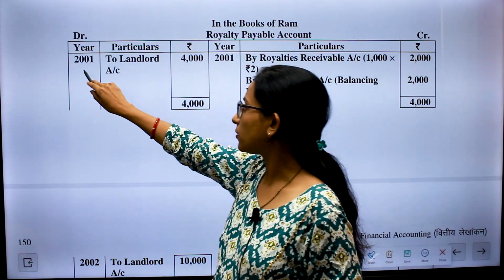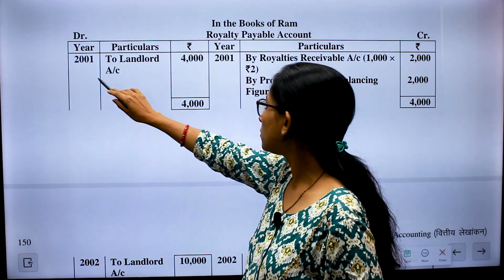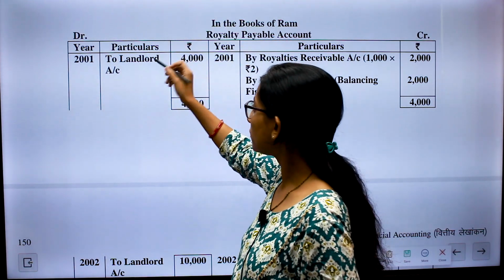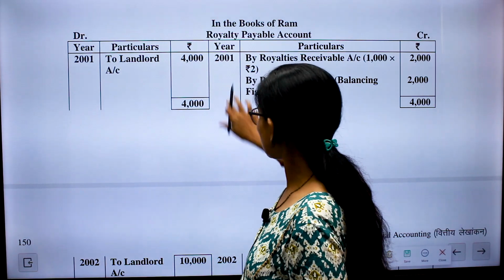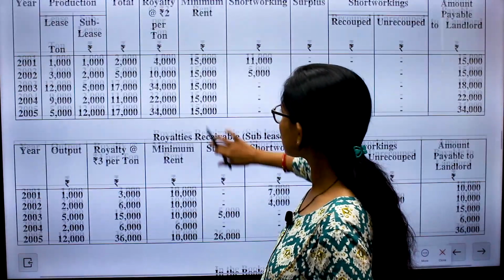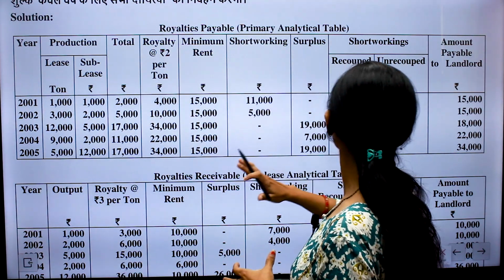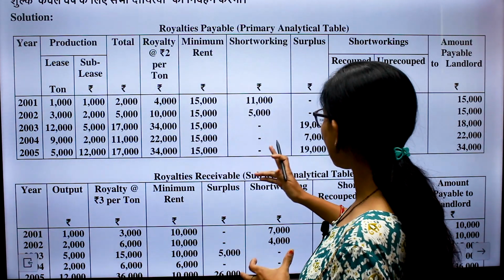In 2001, how much will Ram pay to the landlord? We can see this from the first table, the primary analytical table. How much amount is he going to pay to the landlord?